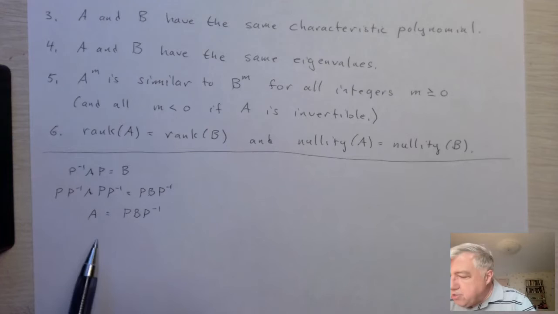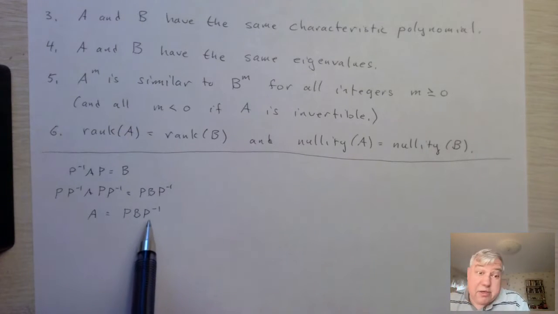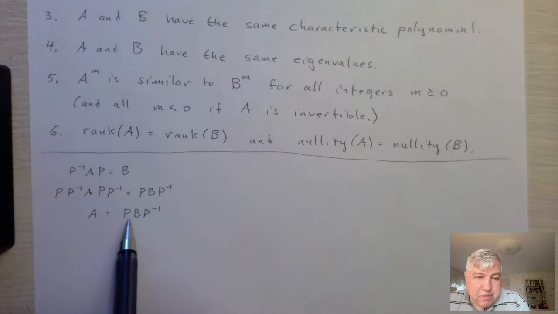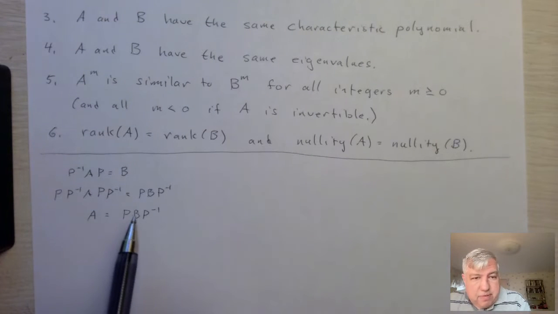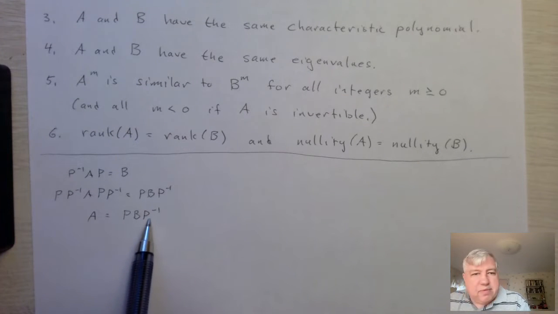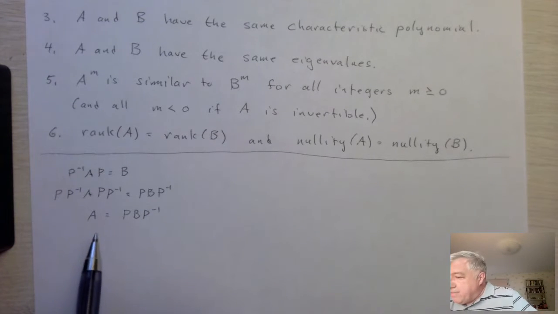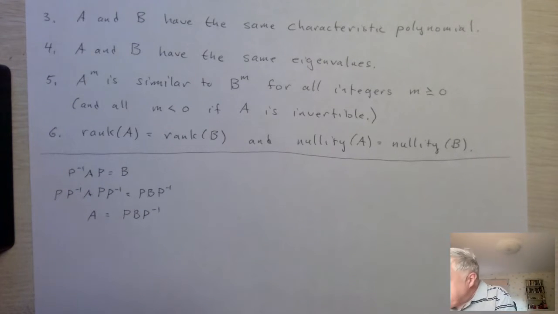This shows that B is similar to A because P inverse is invertible and its inverse is P. Remember the actual matrices here don't have to be the same. You just have to make sure that whatever is on one side is the inverse of the matrix on the other side. So B is similar to A.